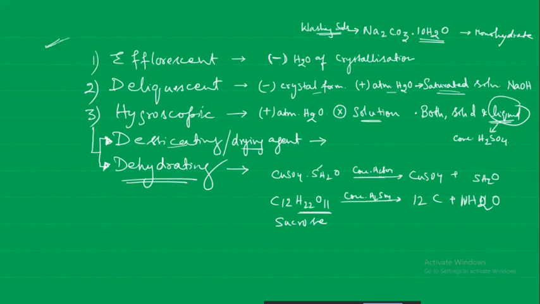Otherwise, if it became completely liquid, what is the fun? It would damage the electronic item. For a desiccating or drying agent, we use certain hygroscopic substances like silica gel, anhydrous calcium chloride, anhydrous zinc chloride, phosphorus pentoxide. All these can be used. Okay, it is clear.